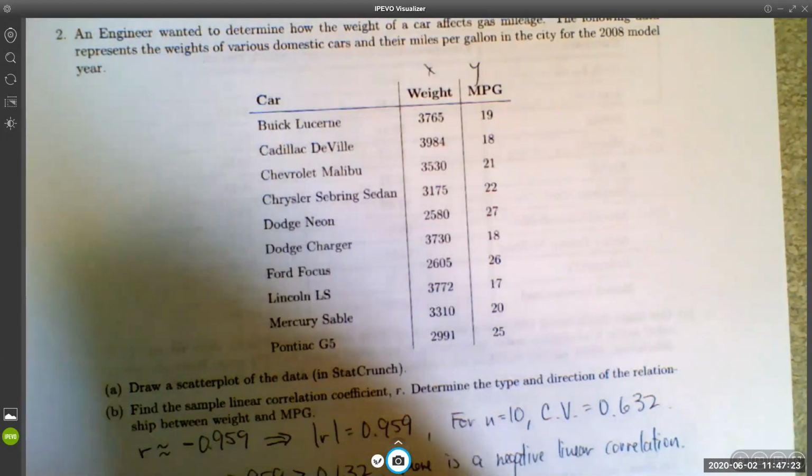So for every 1 pound increase in the weight of the car, there's a negative 0.007 decrease in miles per gallon.